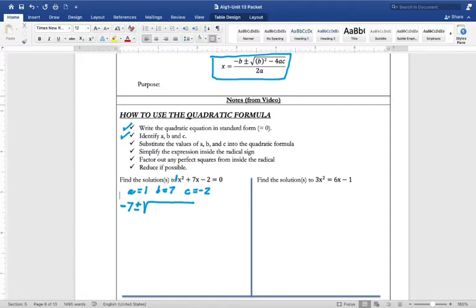We always have to remember that we're going to square the value of b. So in this case, it doesn't matter if it's in parentheses or not, because 7 squared and parentheses 7 squared is the same thing. Okay, if you want to get in the habit of doing this, that's fine. So then we go minus 4 times the value of a, which is 1, times the value of c, which is negative 2, all over 2 times the value of a, which again is 1. And I've done part 3.